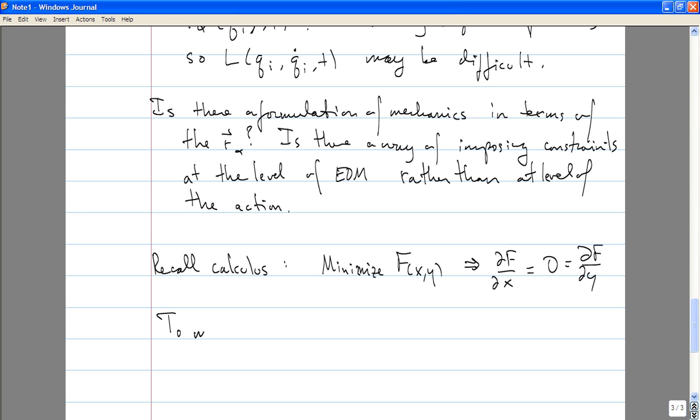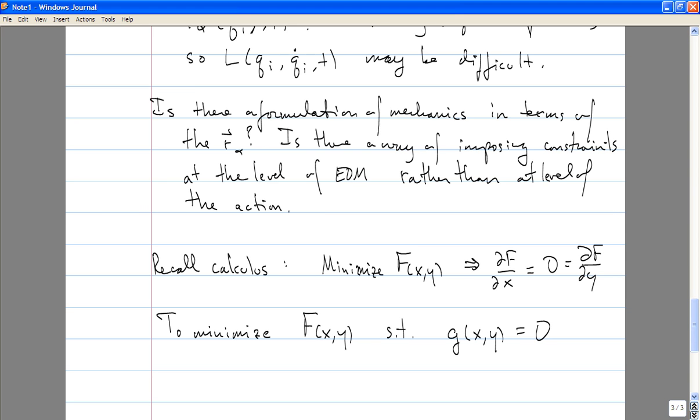Okay, that's easy enough. But now, what if I am presented with a slightly more difficult problem? What if I want to minimize the function f subject to a constraint, say that some other function g of x and y is equal to 0? So if I have a constrained minimization problem, where I would like to minimize the function subject to some other condition, then we do this using what are known as Lagrange multipliers.